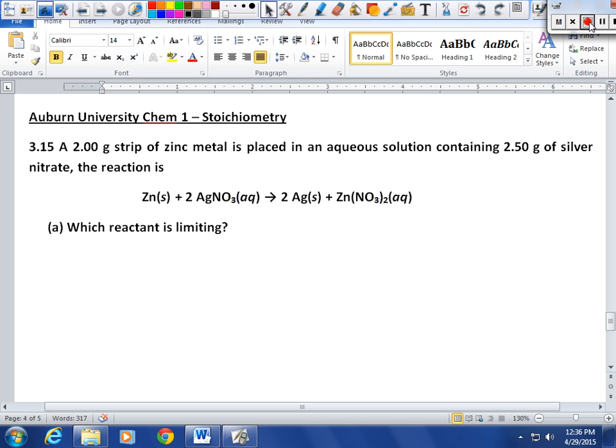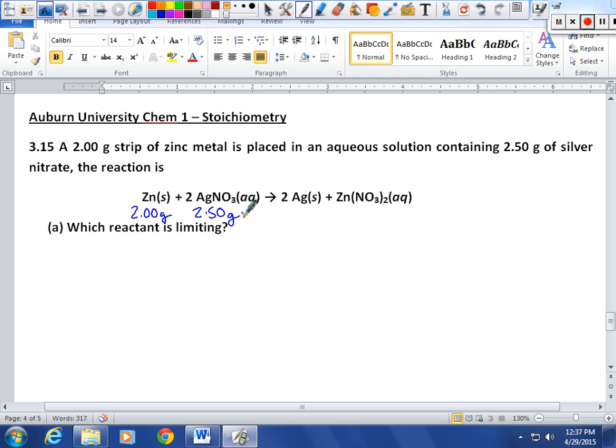Okay. So a 2-gram strip of zinc metal is placed in an aqueous solution containing 2.5 grams of silver nitrate. So, all right, we know that we have 2.00 grams of zinc, and we have 2.50 grams of silver nitrate.